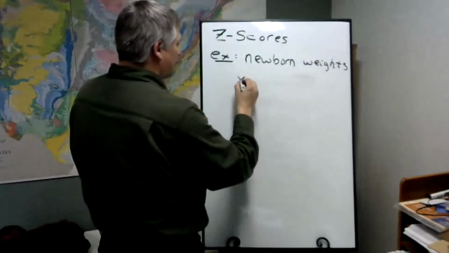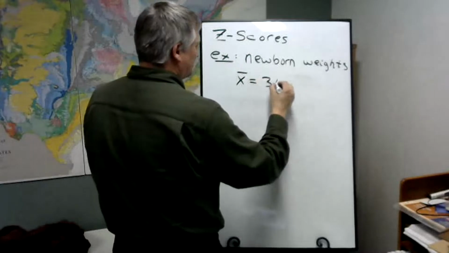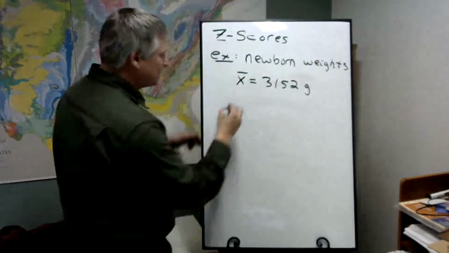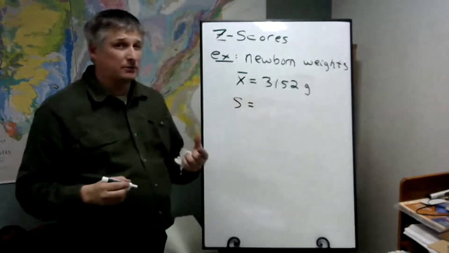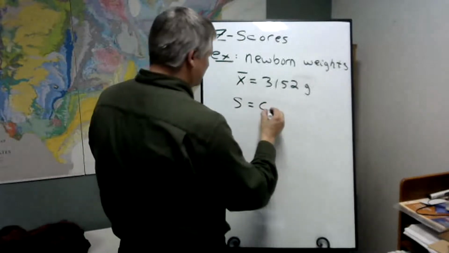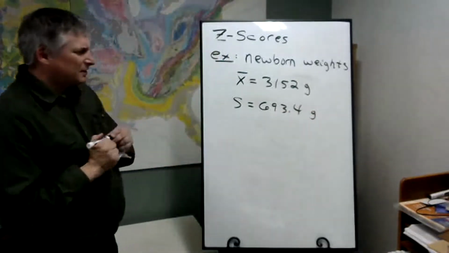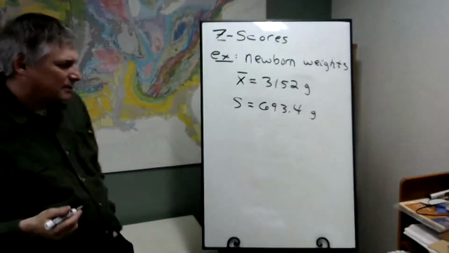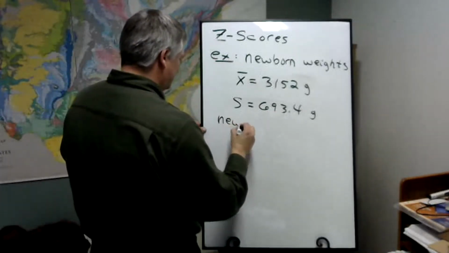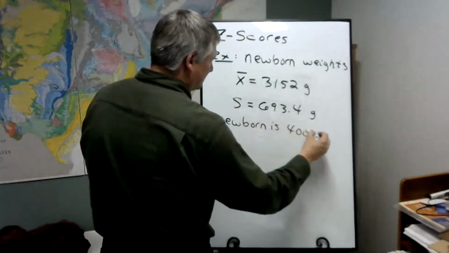So the mean, x bar, let's say the average weight is 3,152 grams. And then the standard deviation, again using those formulas from last time, is 693.4 grams. So we might be asking a question. Let's say a newborn is 4,000 grams.